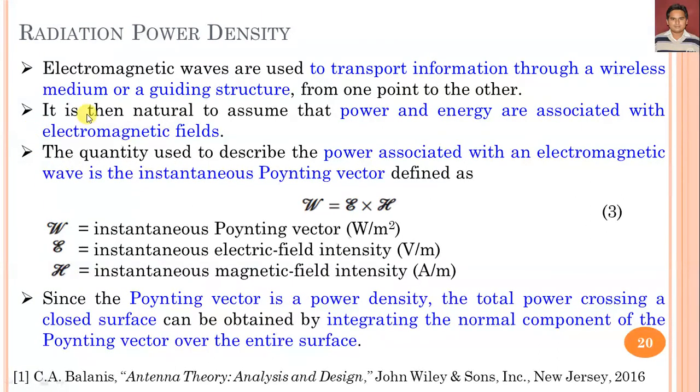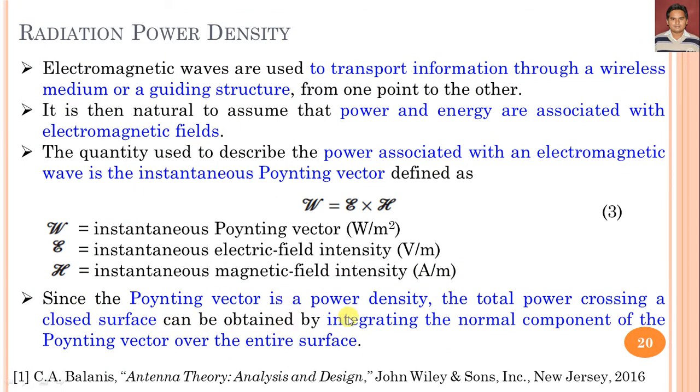The power associated with an EM wave is the instantaneous Poynting vector, defined by expression 3: W equals E cross H, where W is the instantaneous Poynting vector in watt per meter square, E is the instantaneous electric field intensity in volt per meter, and H is the instantaneous magnetic field intensity in ampere per meter.